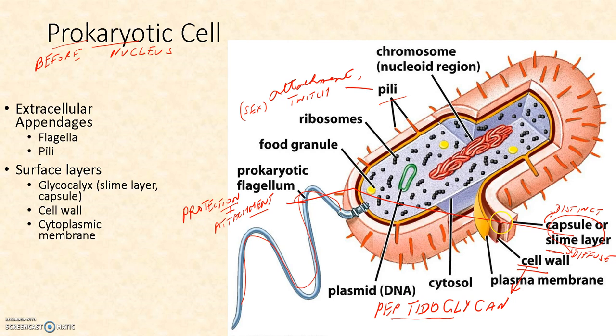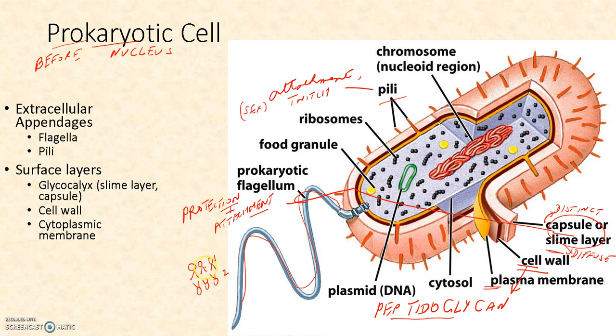The inner layer is, of course, the cell membrane. So here's a plasma membrane or the cell membrane. The cell membrane, like eukaryotic cells, is also made up of a bilayer of phospholipid. So here are two layers of phospholipid, as you can see. This is 1 and 2.